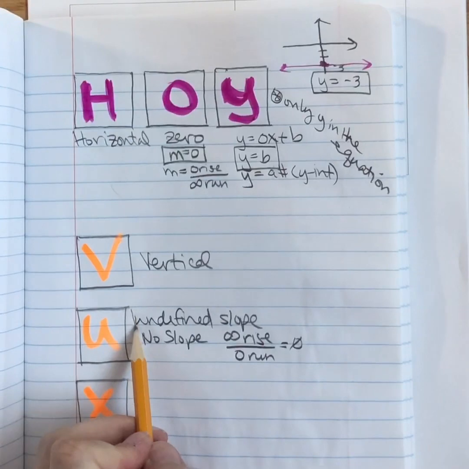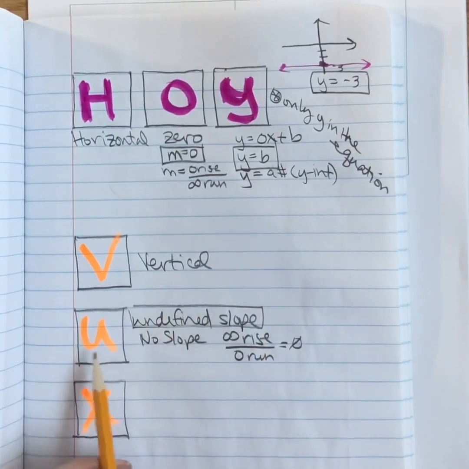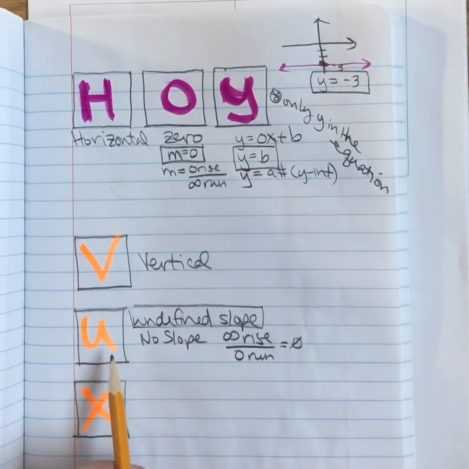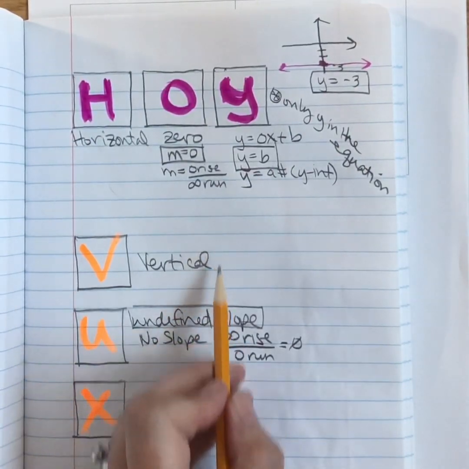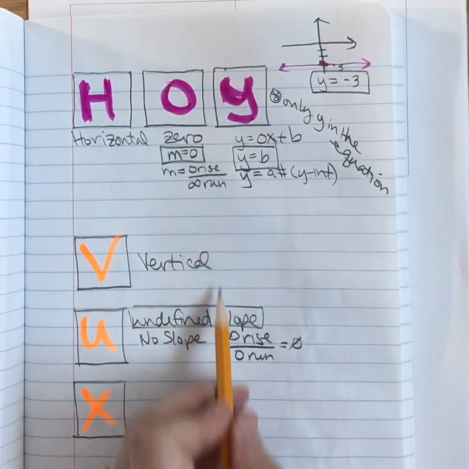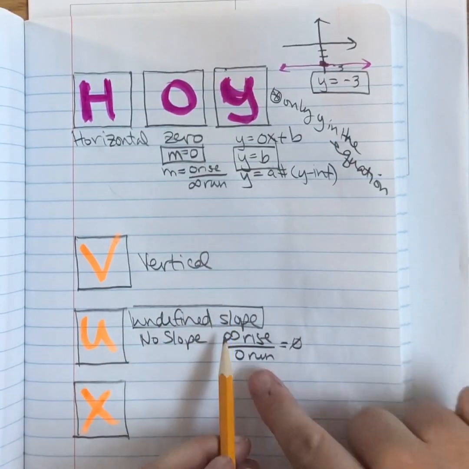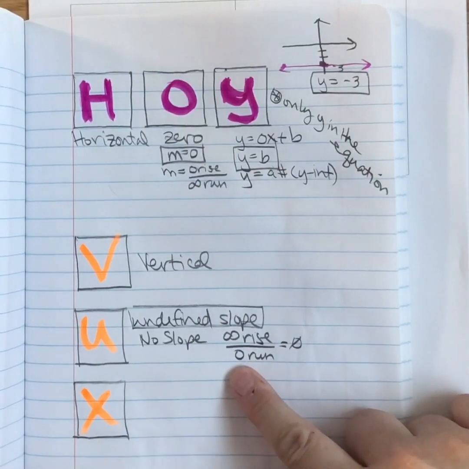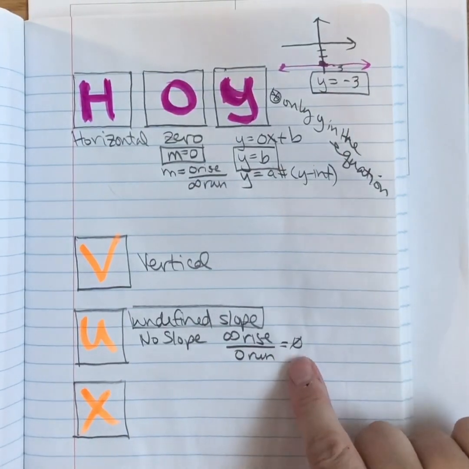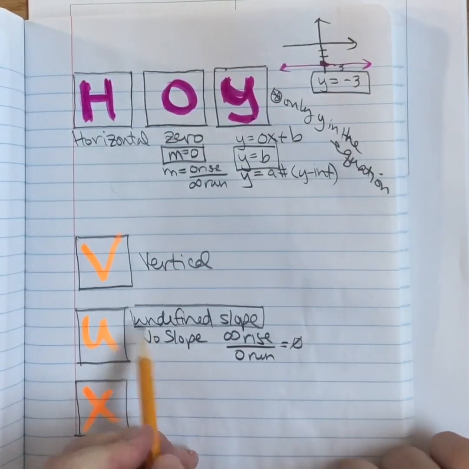We just say it's an undefined slope. So that's what the U stands for. So again, remember, vertical lines have infinite rise, which is the vertical change up and down, but it has 0 run, 0 left and right. But any fraction with 0 in the denominator is no solution or undefined, okay?